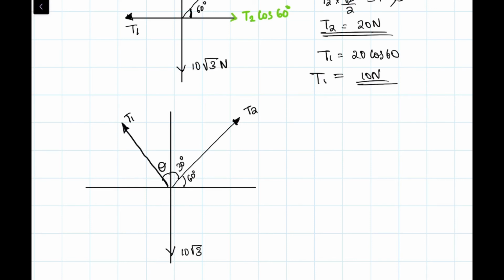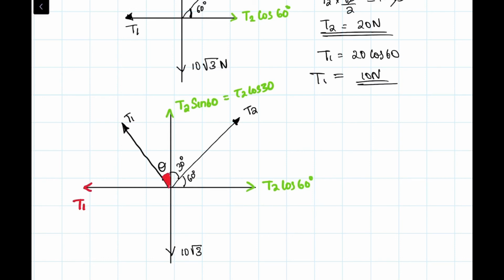What is the horizontal component of T2? T2 cos 60 and T2 sin 60. T2 sin 60 is also equal to T2 cos 30. Remember that. You can take either of these two. Similarly, we have horizontal and vertical components for T1. Remember, theta is here now. The inner angle is theta.